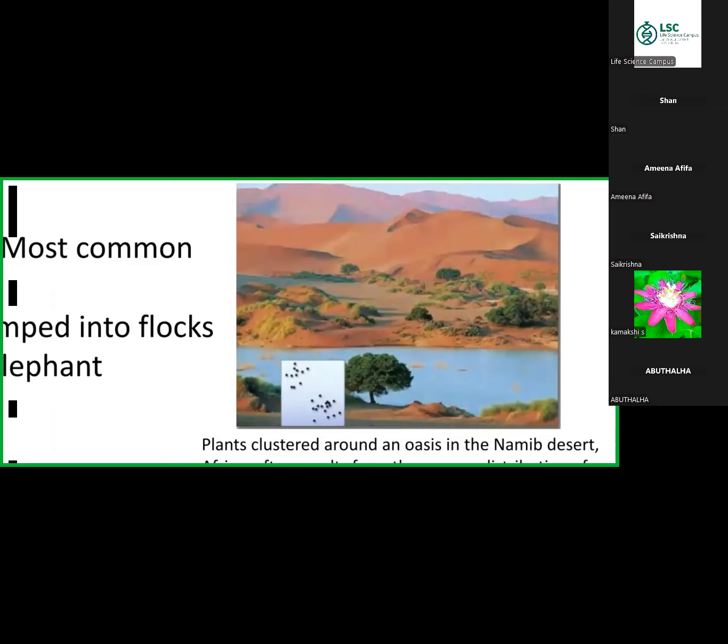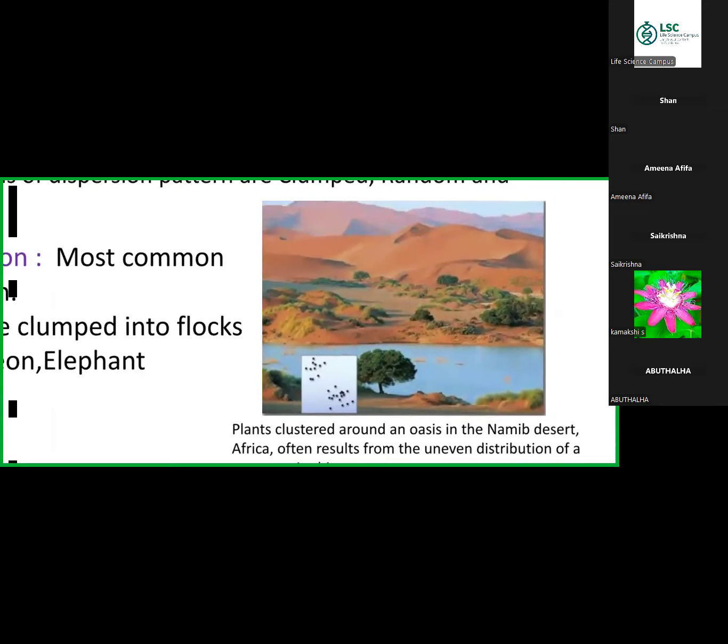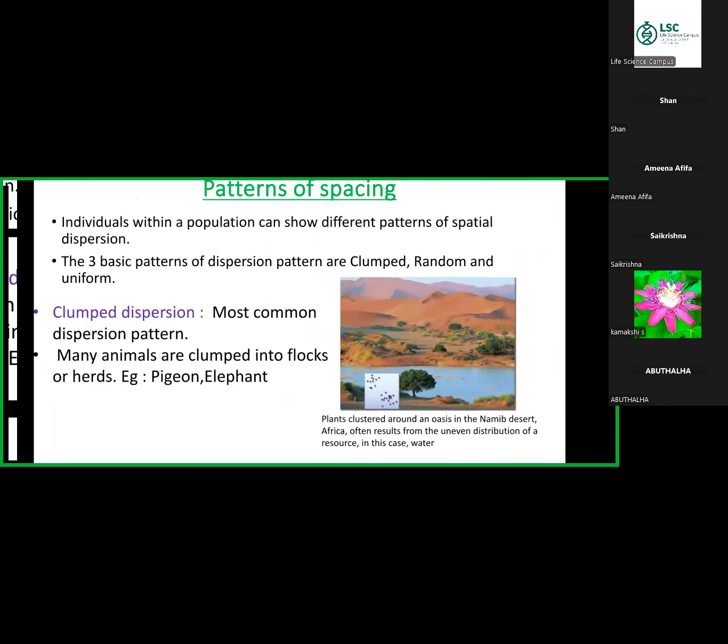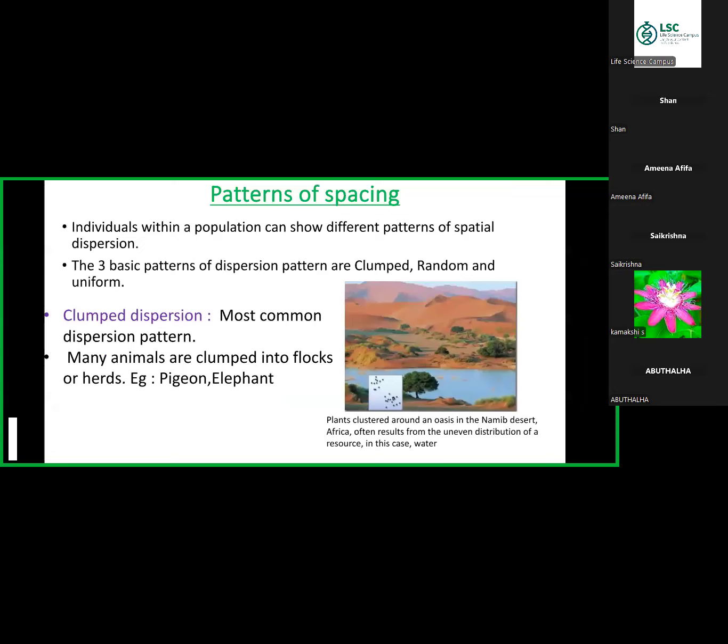So in this case, only one water body is present in that particular desert. So all the trees are gathered around that area. So clumped dispersion pattern is exhibited by organisms when there is a scarcity of resources. In this figure, you can see plants clustered around an oasis. And clumped dispersion pattern is most often exhibited by pigeon, elephant, etc.